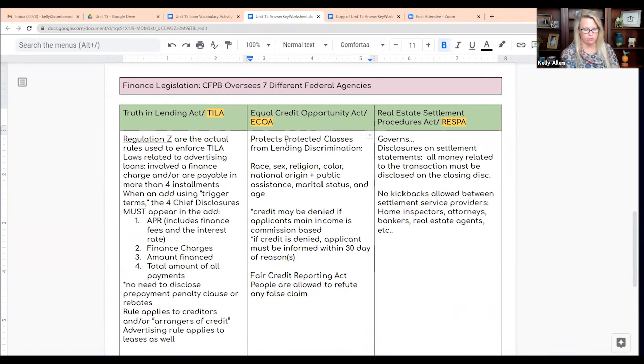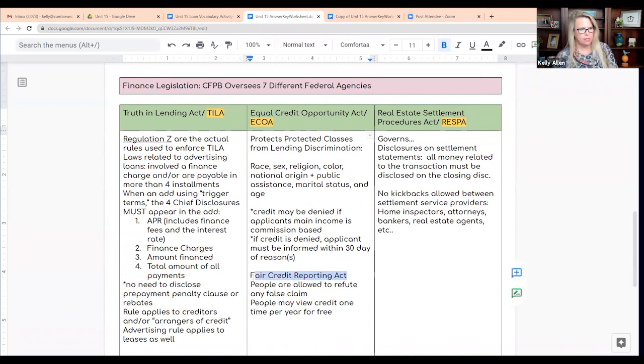So you can write a letter and refute that. You have a right to, let's see, people may view a credit report one time per year for free. Is that it? Something like that. Okay, I can live with that.